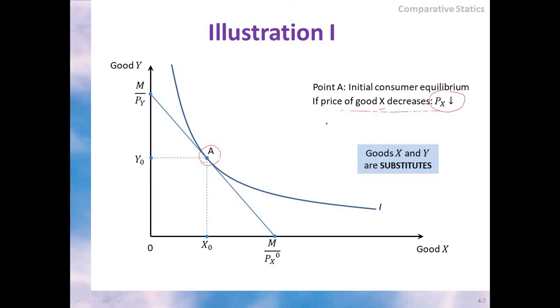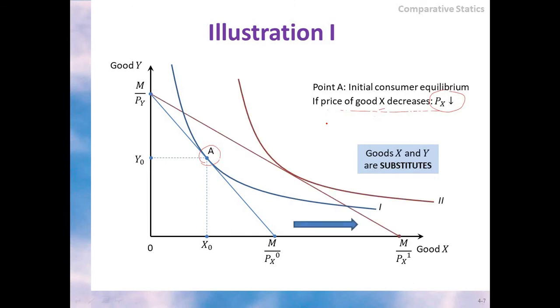So remember what happens, our budget line will rotate to the right. You see here, at this vertical point, it does not change because the price of good Y remains the same. But on this side we can have more X. Meaning if we spend everything on good X, then we can have more X. So what happens to the consumer equilibrium?